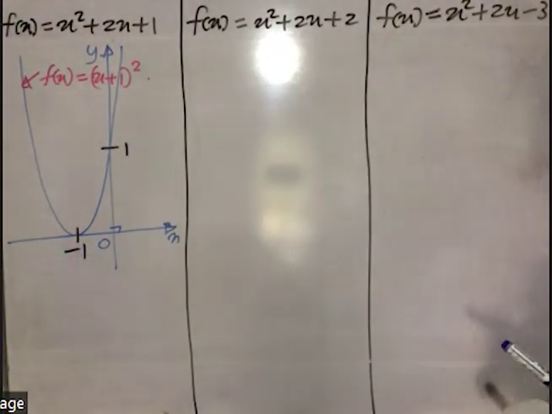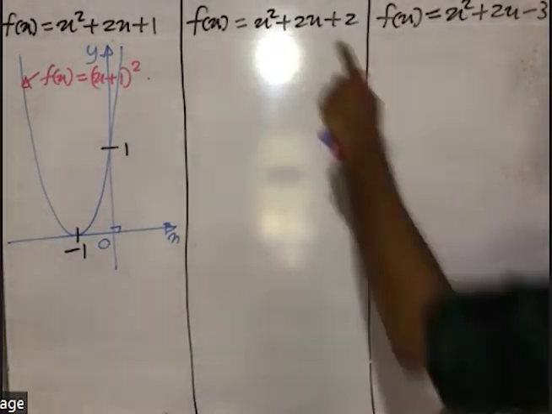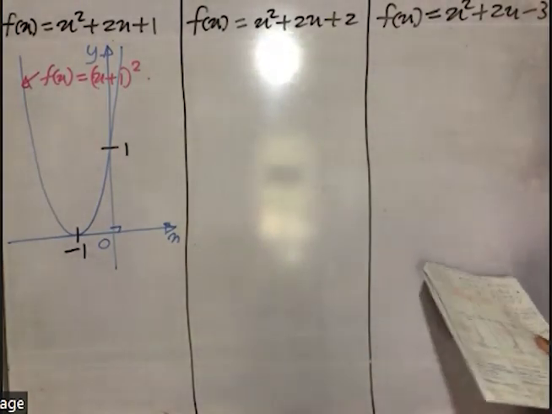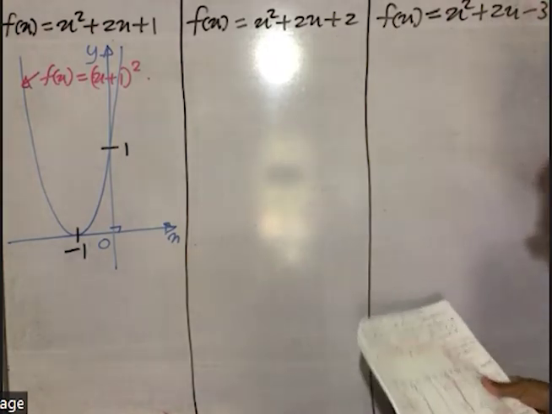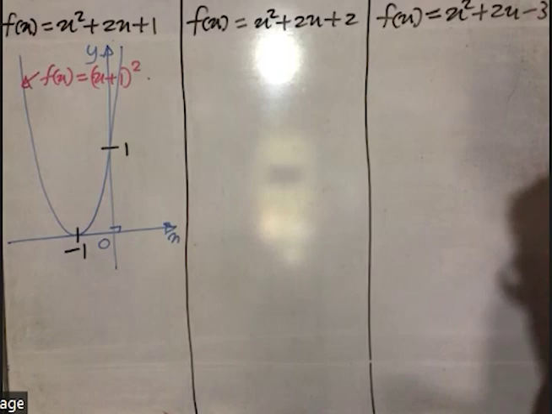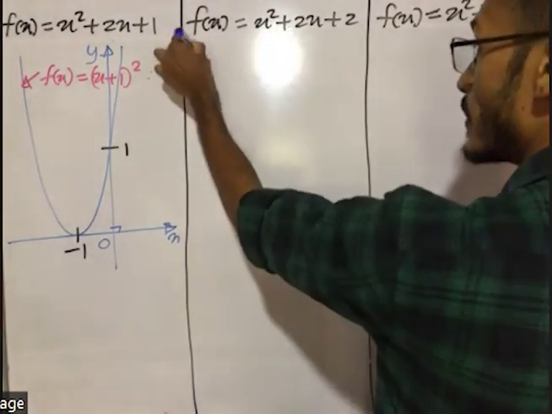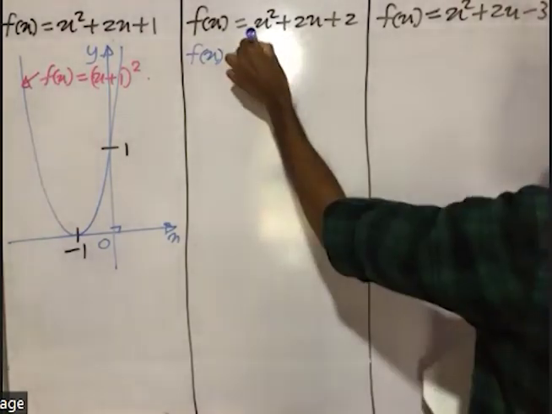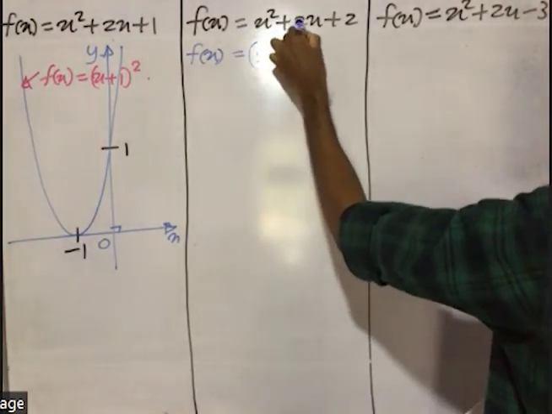Okay. Same way, we can draw the graph of the next function, x square plus 2x plus 2. Here, we factorized this using the completing square method, but we remember that there are no factors for this function. So the simplified function is (x plus 1) square plus 1.